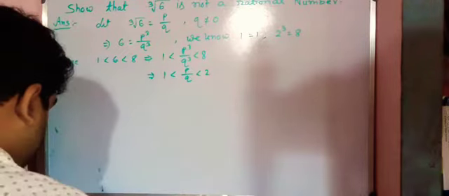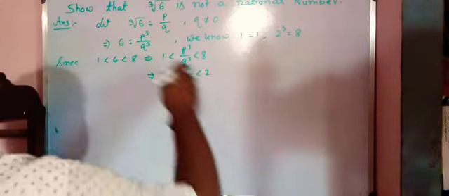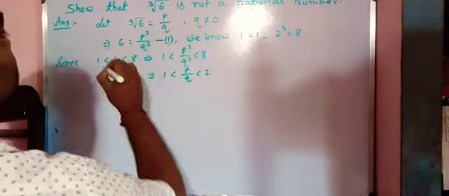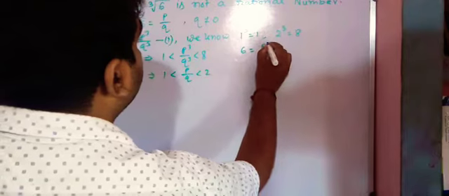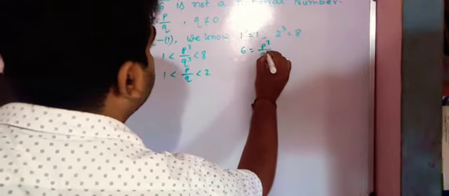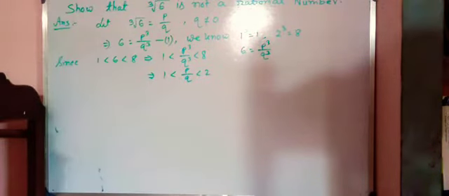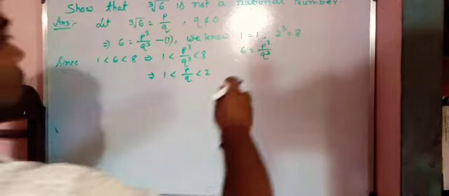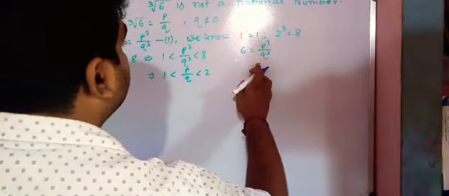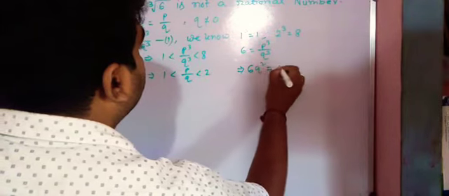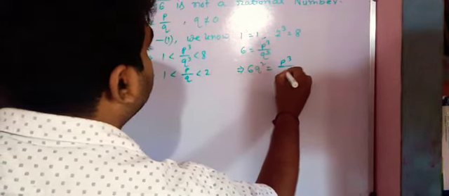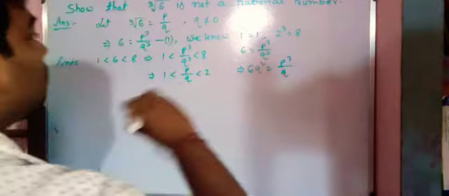Now from here, if we name it as 1, we are getting that 6 equals p cube by q cube, and that's implying 6q square equals p cube by q.